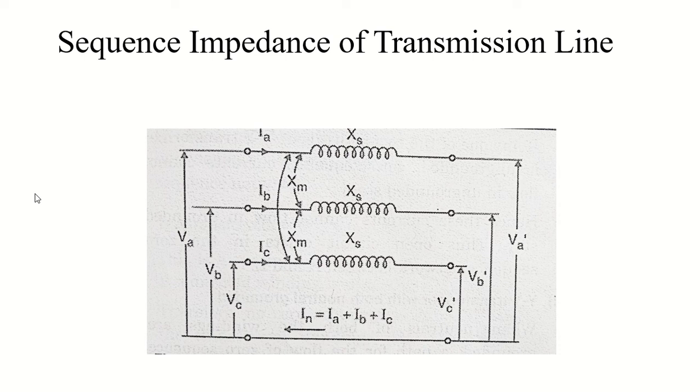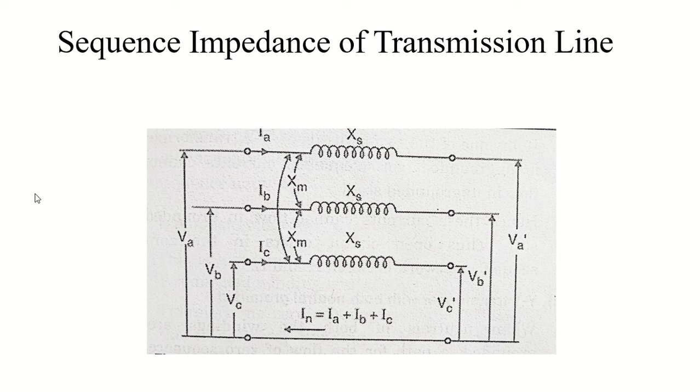This pattern will be different from the one produced by positive and negative sequence, because positive and negative sequence are identical, but zero sequence differs. So the zero sequence impedance of the transmission line will also account for the ground impedance. Whenever we calculate zero sequence impedance, we have to include the ground impedance as well.